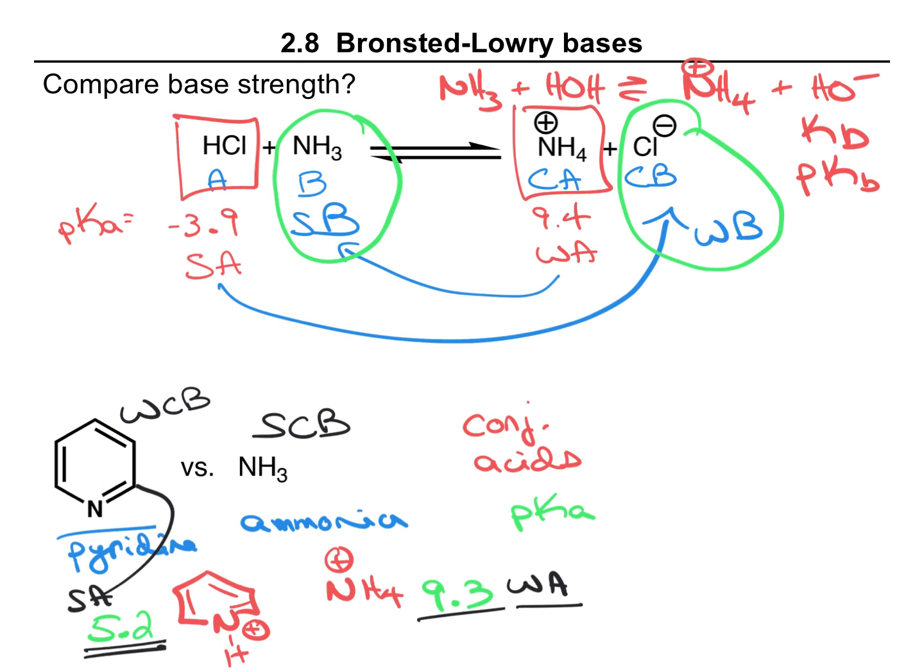Please keep in mind as I talk about SA, SB, WA, WB, I am saying stronger acid, stronger base, weaker acid, weaker base. In some cases, we can categorize certain things as strong acids, strong bases, and certain things as weak acids, weak bases. But in general, whether something is strong or weak completely depends on what we're reacting it with.